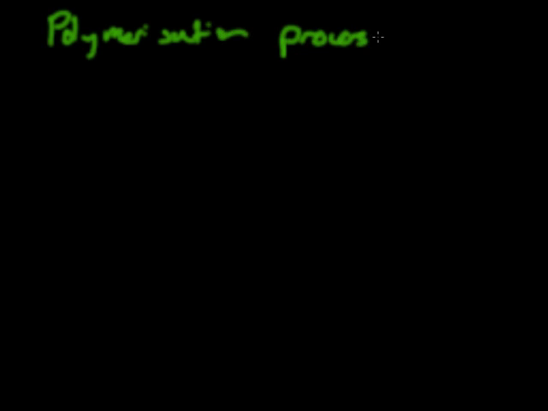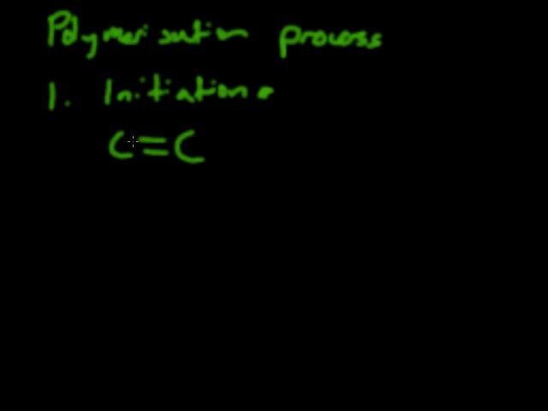The thing you need to know in a polymerization process is that it consists of 3 stages. First of all, initiation. And what happens here is that, basically, to make this happen, we need a free radical catalyst that's involved in the reaction.